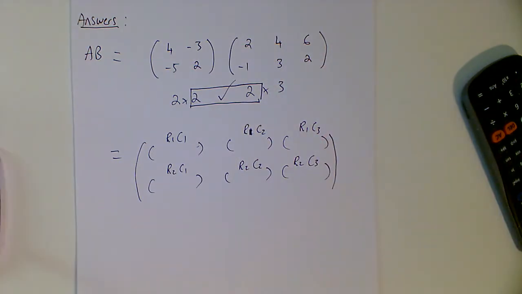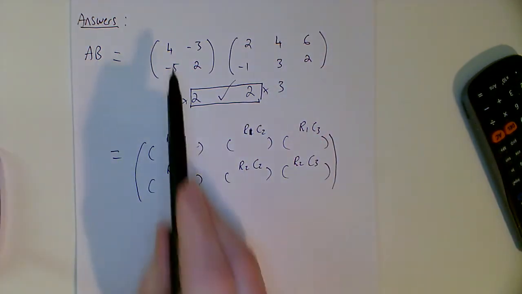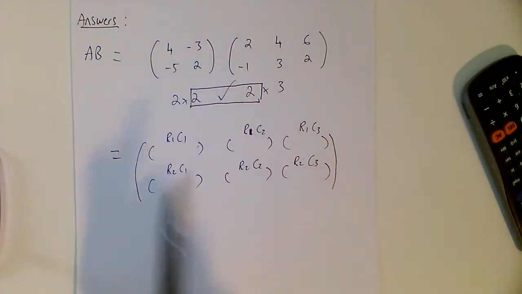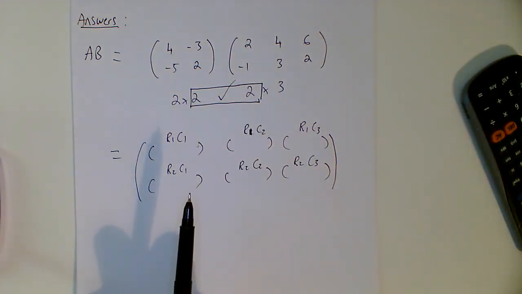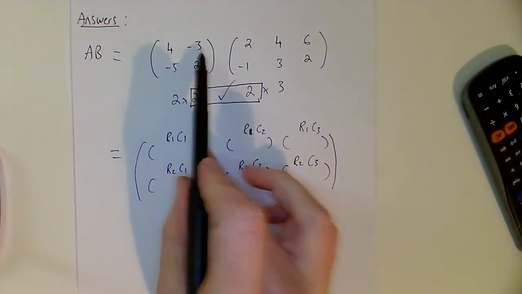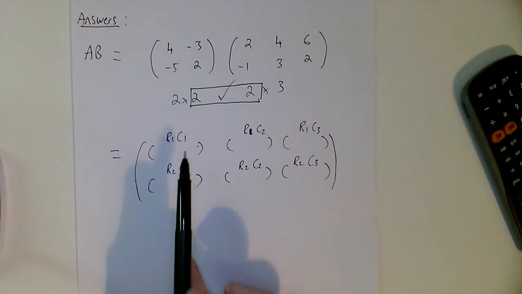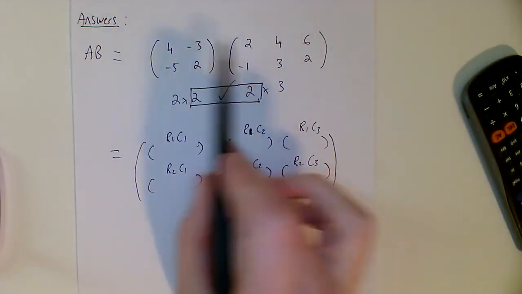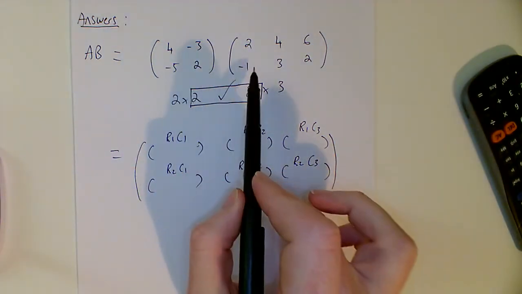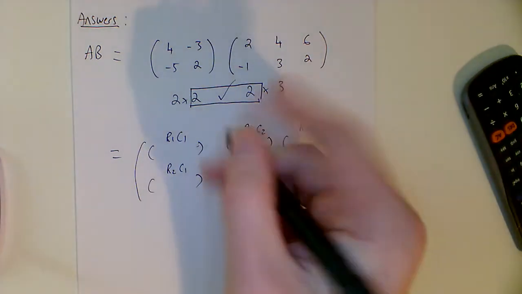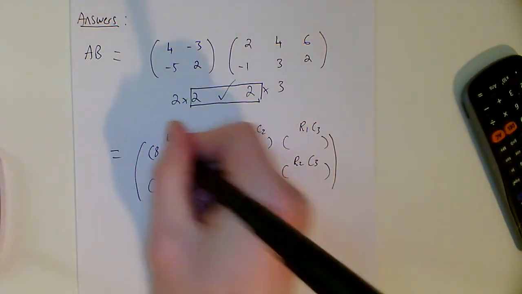Now, if you write that down, that tells you what row you're multiplying by what column. And remember, you're adding them together. So I'm doing row 1 multiplied by column 1, and that's here. So I do 4 multiplied by 2 plus negative 3 multiplied by negative 1. So that's 8 plus 3.